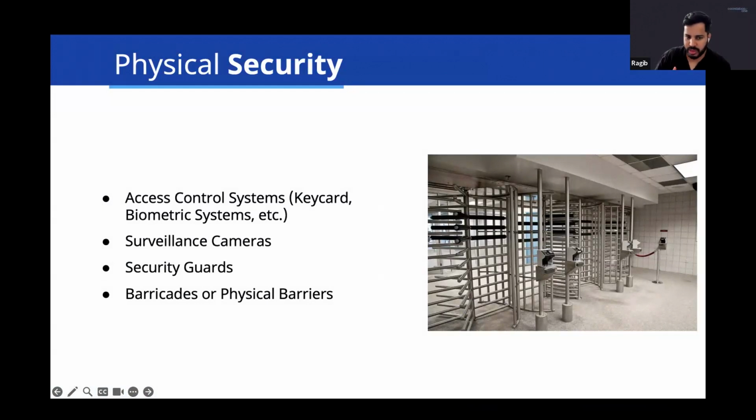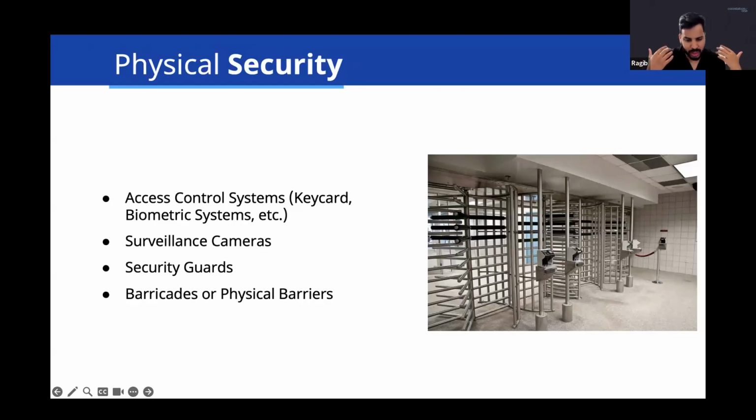So the 4 key components here work together as a layer of protection. Access control systems are your gatekeepers. They decide when somebody gets in and track everybody's movement. Basically, when you go to work, you tap in your badge, the door opens up, you go in, and then you tap out when you go out.